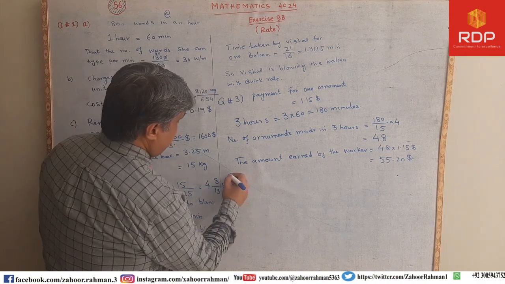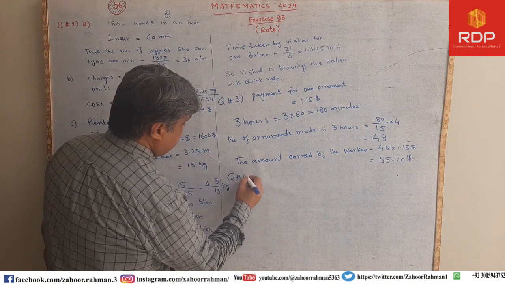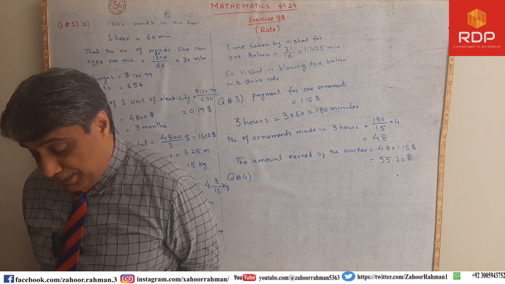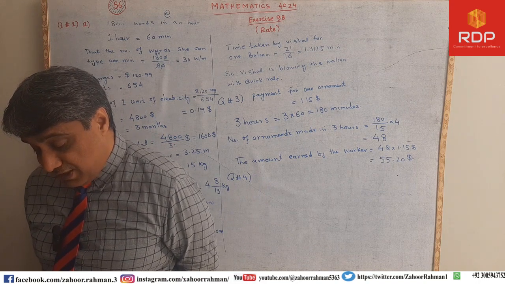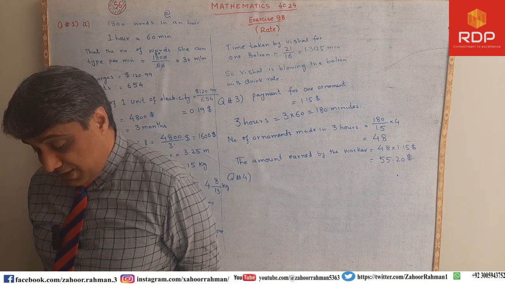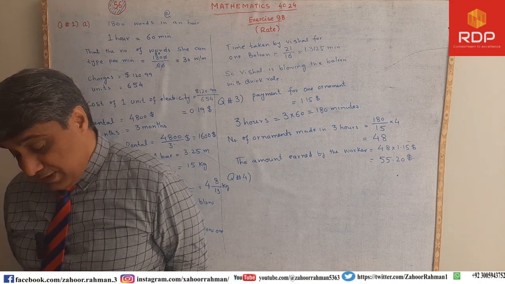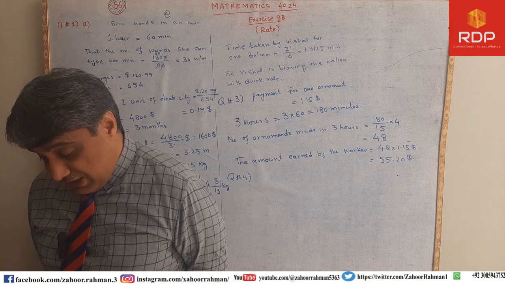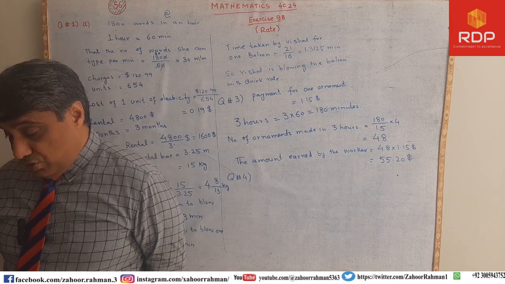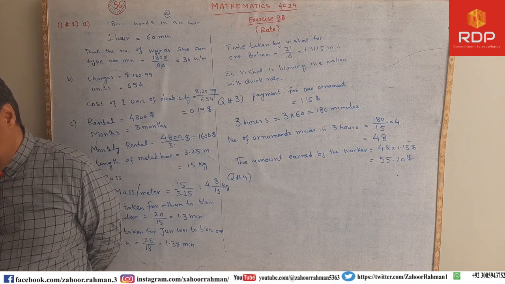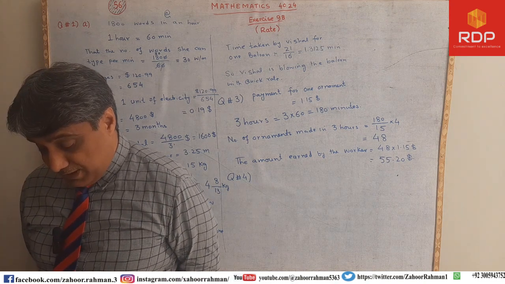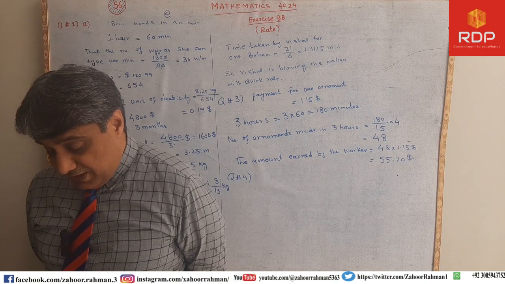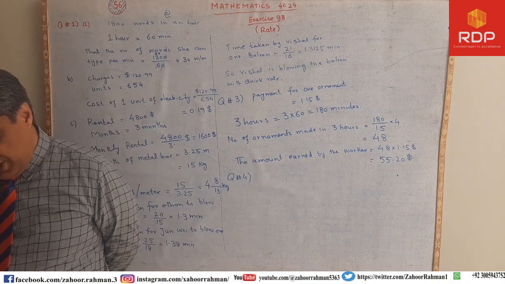Ladies and gentlemen, now we are coming toward question number 4 and will clear our concept. Michael has to pay $39 for 650 minutes of outgoing calls made using his phone. In the first part, find the amount he is charged for each minute of outgoing calls.